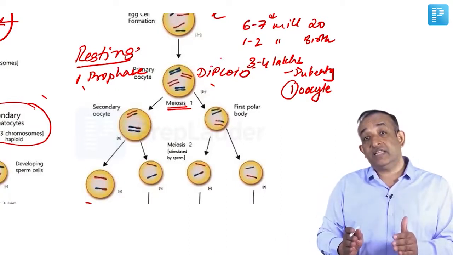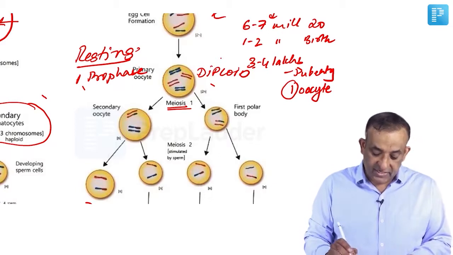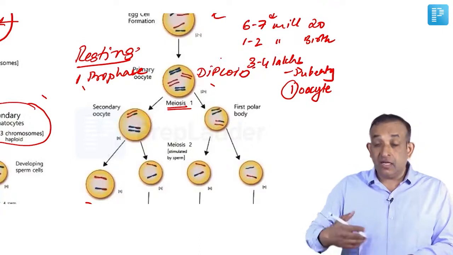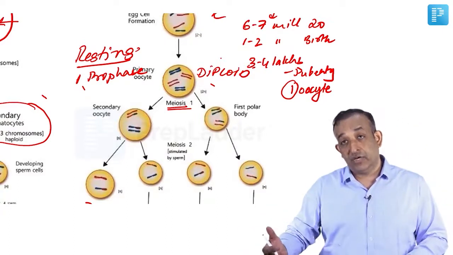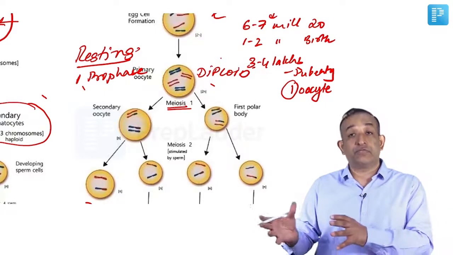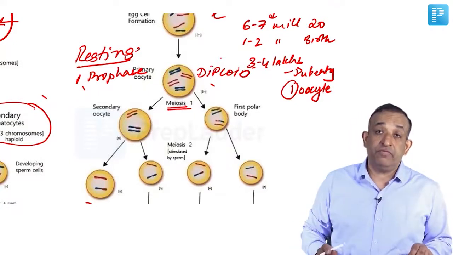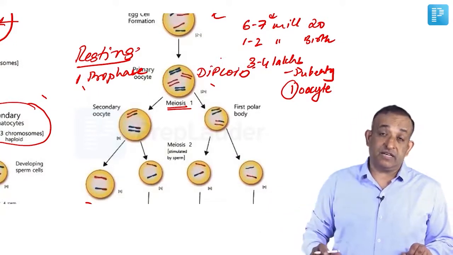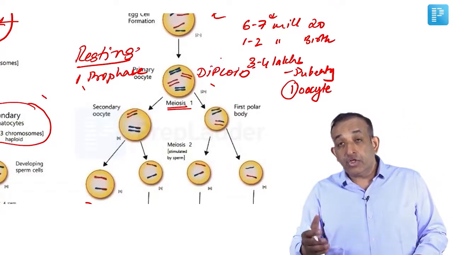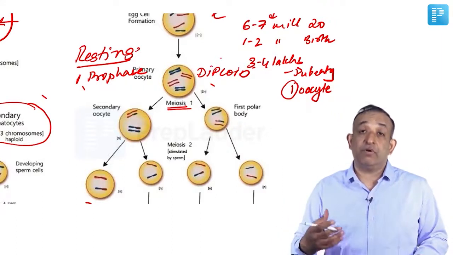It is resting in the diplotene stage, and then this resumes at the time of ovulation. So the girl is born with a lot of primary oocytes, and when she gets mature, around 13 years of age, this meiotic division is resumed when the menstrual cycle starts. So yes, this converts into a mature oocyte, a secondary oocyte, at the time of ovulation.